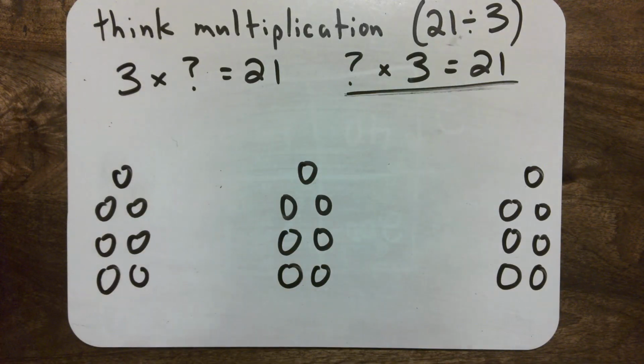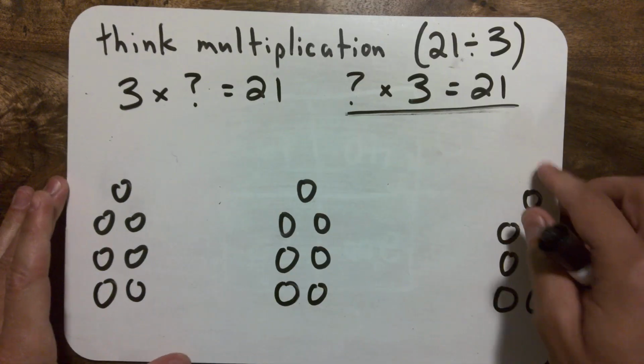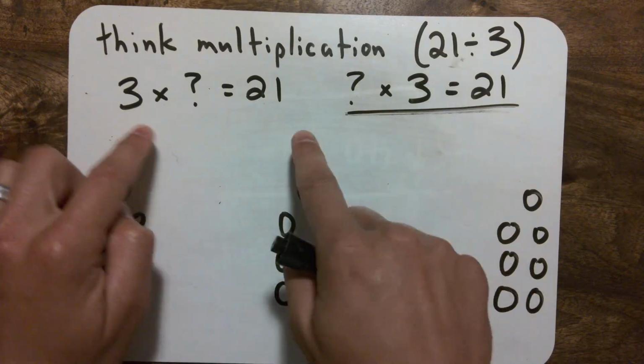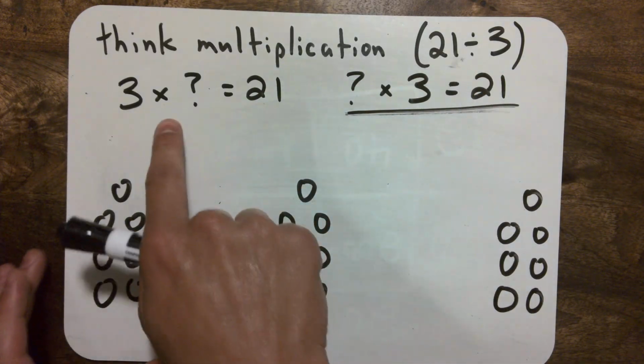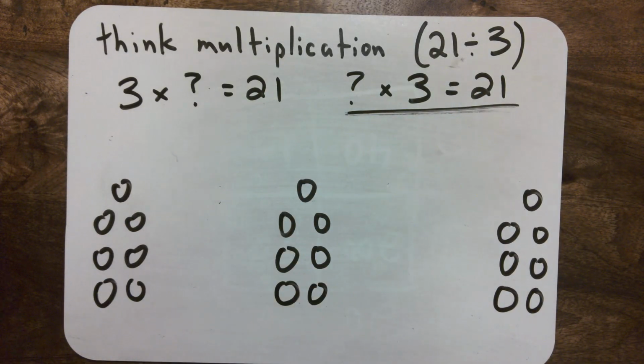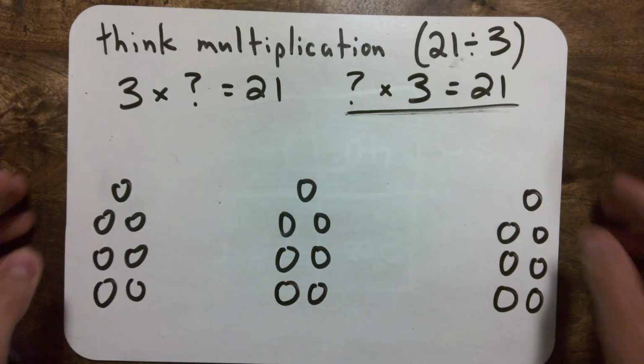Each has 7 in there. And then the abstract model is going to be thinking of this as that multiplication expression. So that'll be the abstract for this case. Okay, so think multiplication is one strategy here.